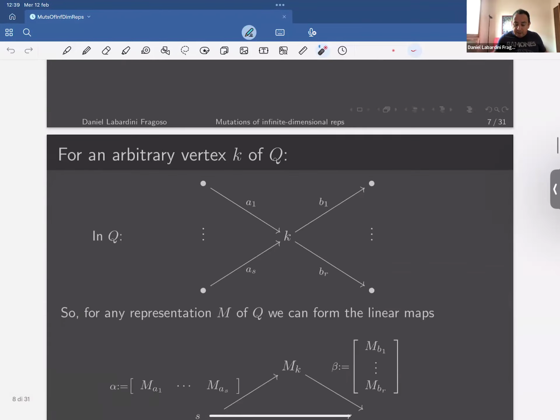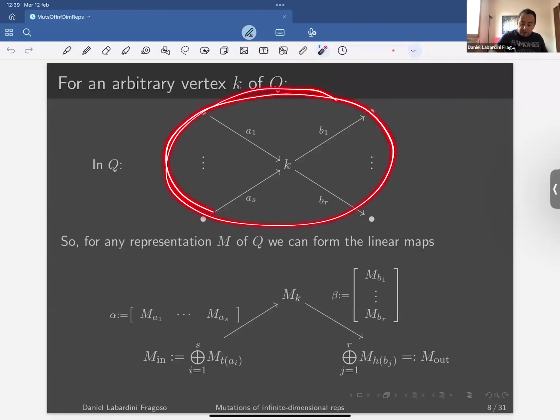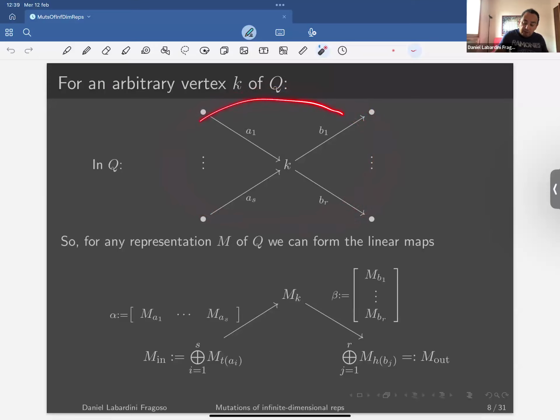arbitrary vertices, namely vertices that are not necessarily sinks nor sources, and that hence look like, around such vertices, what you are seeing here.